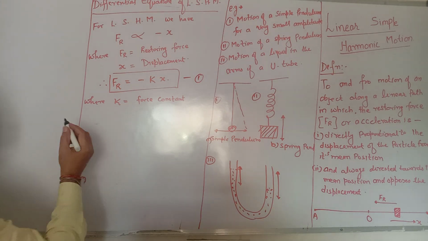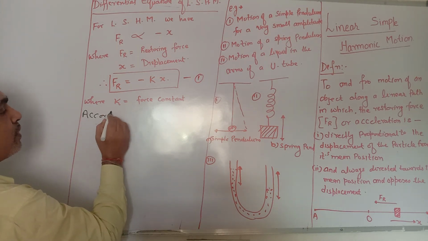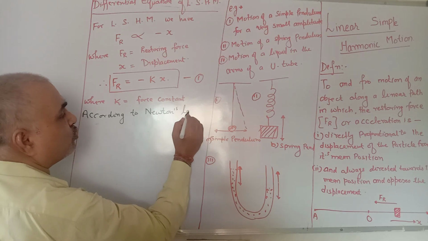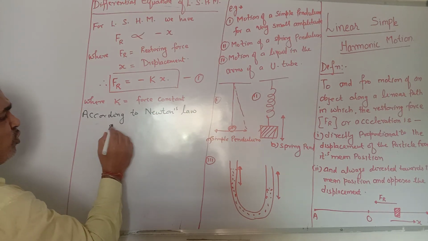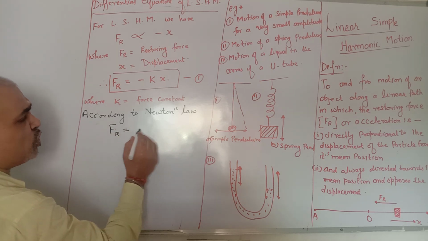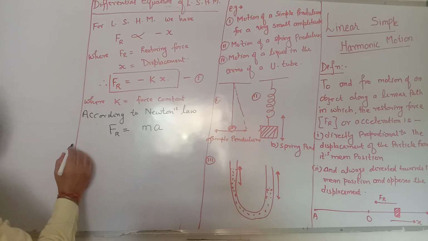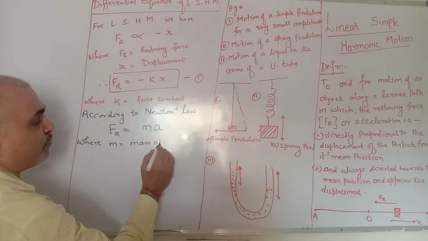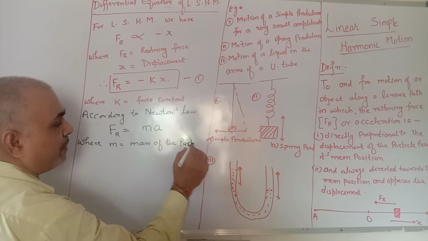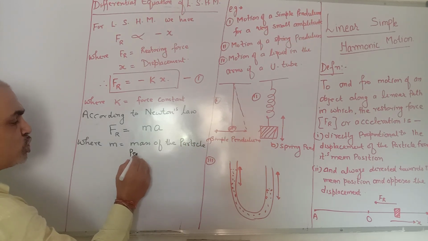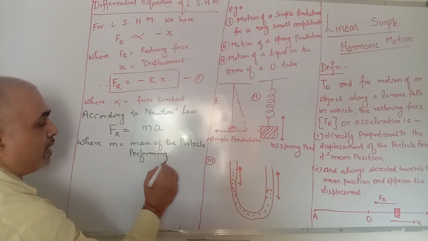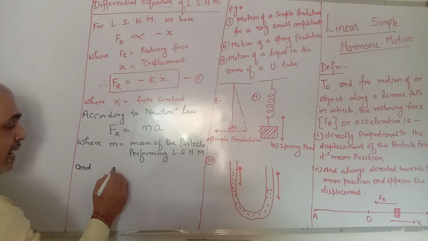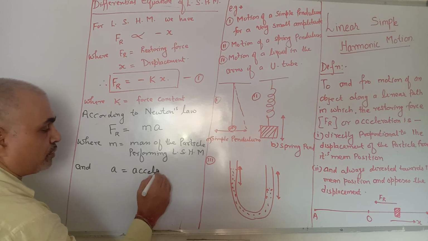Now, according to Newton's second law of motion, the restoring force Fr can also be given as m into a, where m is the mass of the particle performing linear simple harmonic motion and a is acceleration.